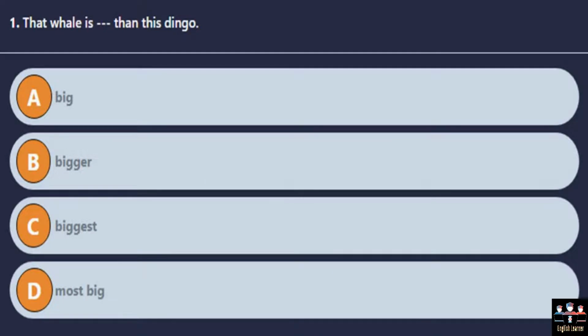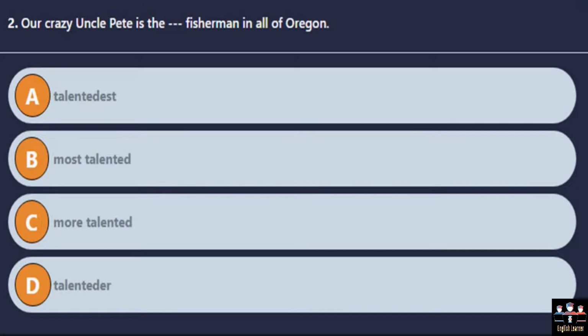Number 1. That whale is dash than this dingo. A. Big. B. Bigger. C. Biggest. D. Most big. Number 2. Our crazy uncle Pete is the dash fisherman in all of Oregon. A. Talentedest.